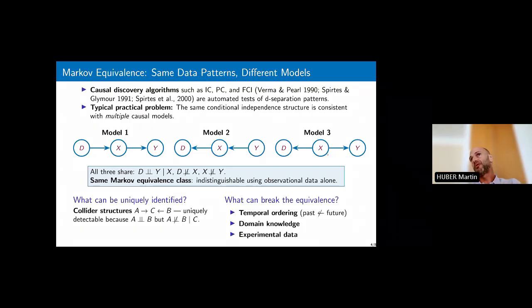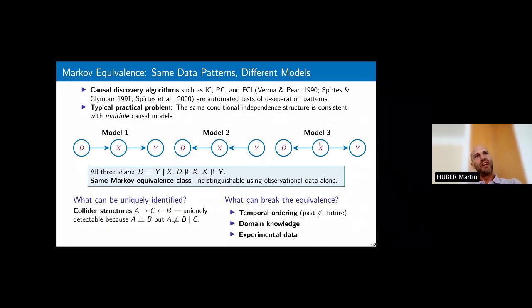Or we could have this confounding case that we have seen before, that X affects both D and Y, okay? So we cannot uniquely identify a causal model based on these statistical associations because we have these three possible causal structures.